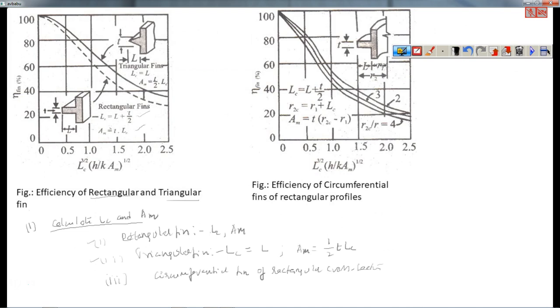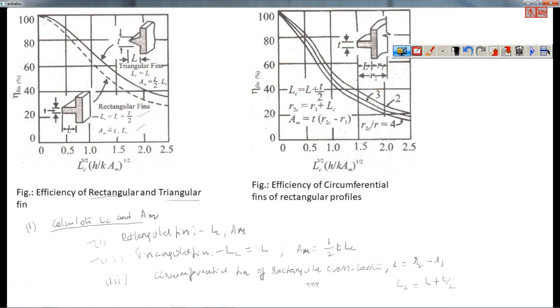Now in this case, when you want to find out this L, L is given as R2 minus R1, but I want corrected length, therefore LC is equal to L plus T by 2.